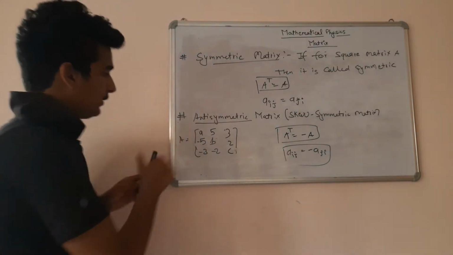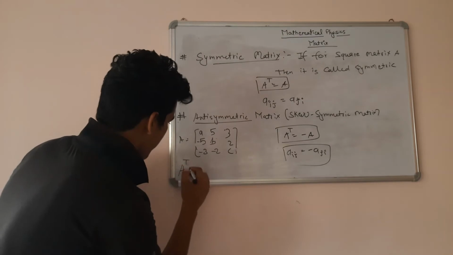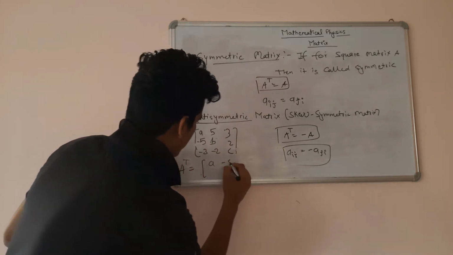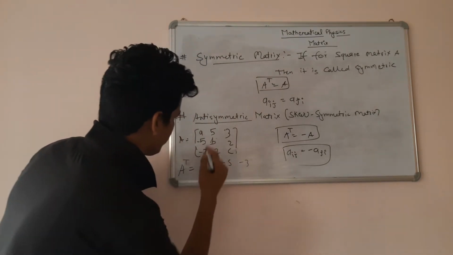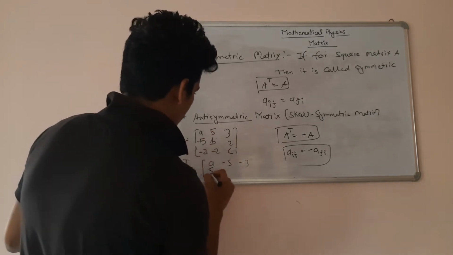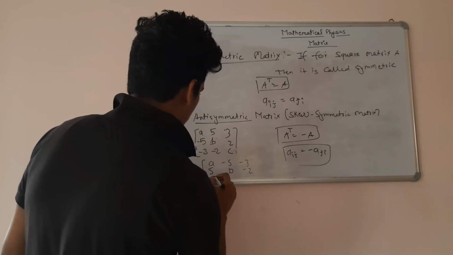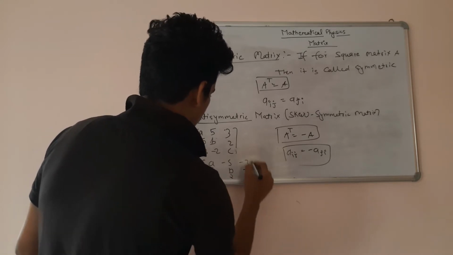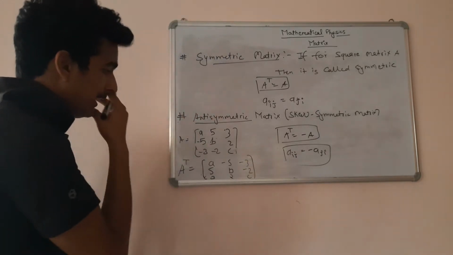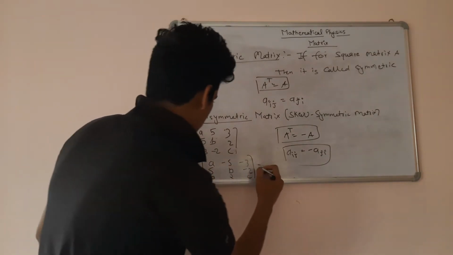Okay, so I take its transpose: A, minus 5, minus 3, 5, B, minus 2, 3, 2, C, and take minus common from here.